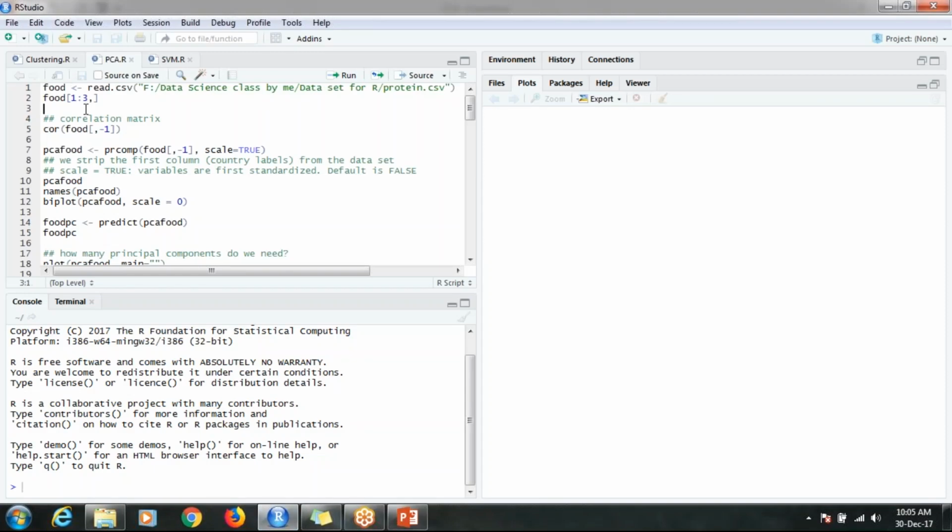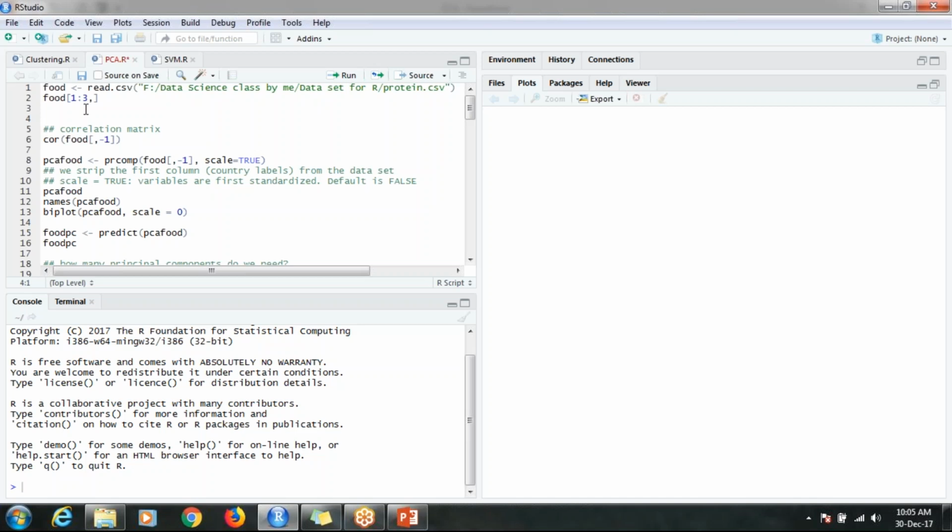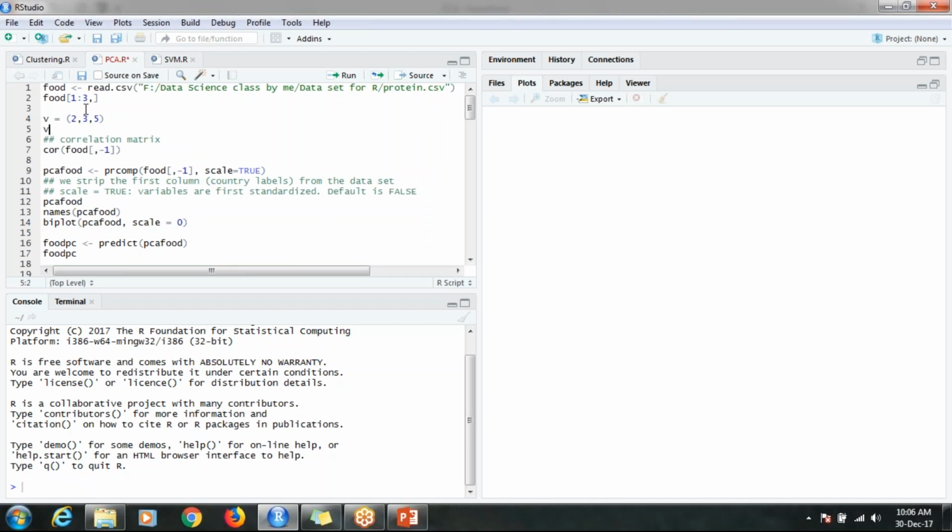Let me explain it here. Suppose we have v equal to 2, 3, 5 coordinate-wise, and in vector form I can write it like this: 2i plus 3j plus 5k. Hope it makes sense.